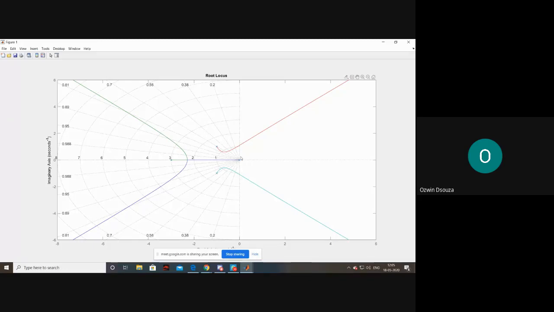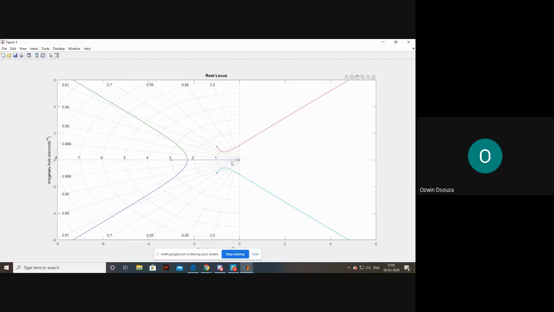Now the remaining 2 roots which are complex conjugate. The first root, found in quadrant 2, is moving tangentially with respect to the angle of departure. Then it cuts the j omega axis at a distinct point, and then it moves towards infinity.